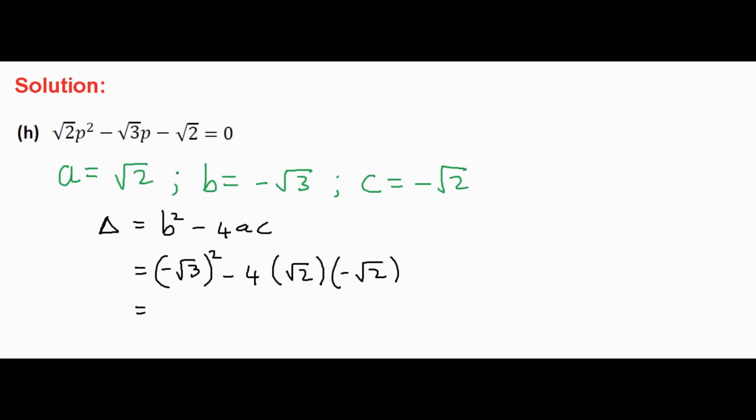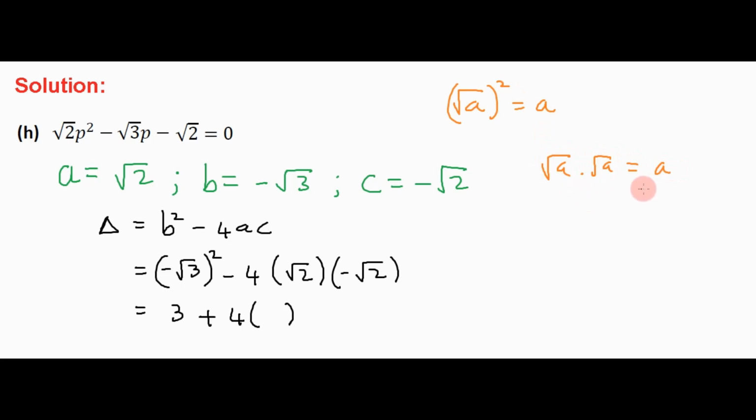Now, remember this rule of surds. The square root of a squared is just equal to a. So a negative squared is a positive, and the square root of 3 squared is just 3. Then a minus times a minus is a plus. So plus 4 times, and then we know that the square root of a times the square root of a is a.